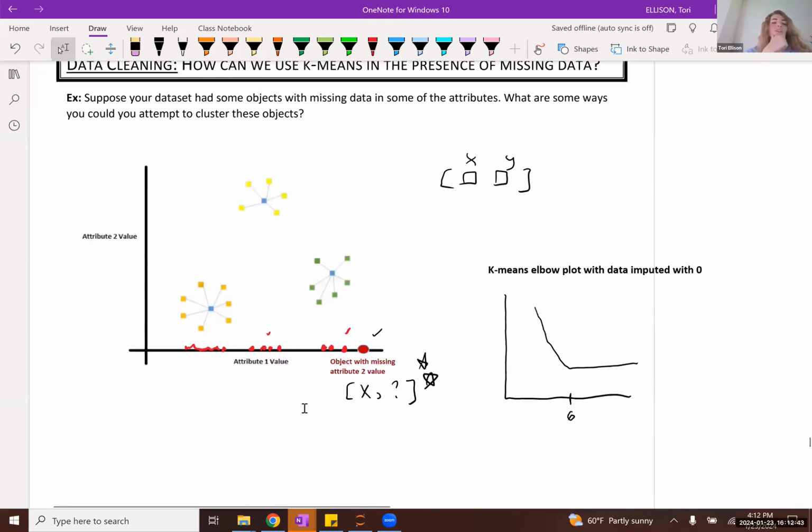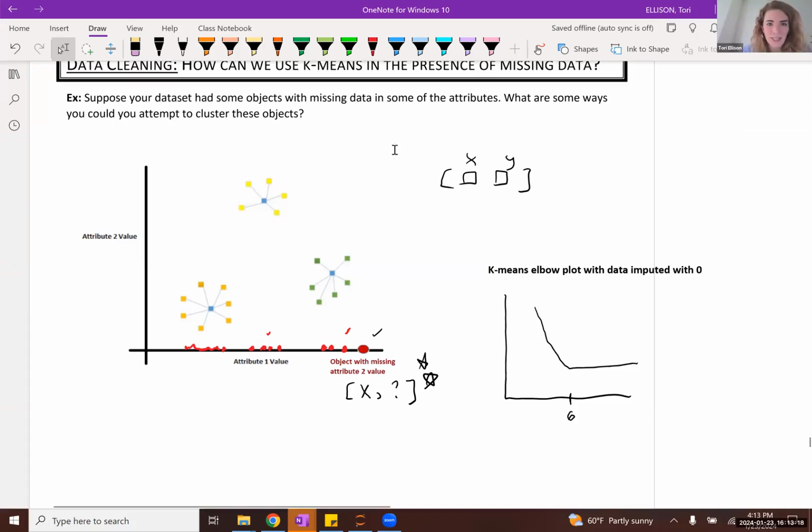So you want to think about your data imputation techniques, what you end up doing with your missing values. Now, one other thing that you could have done is you could have simply temporarily dropped all rows with missing values and clustered the data in which you had complete information. Now, if you wanted to, you could have taken these observations with missing values and, like we did in the previous part of this lecture notes, cluster the observations at the end.